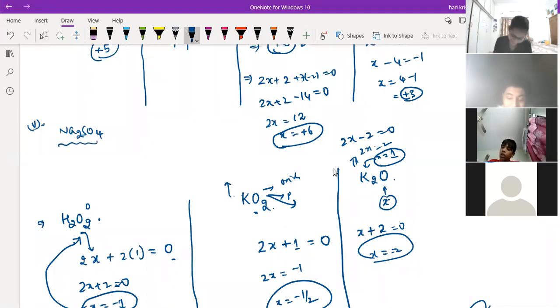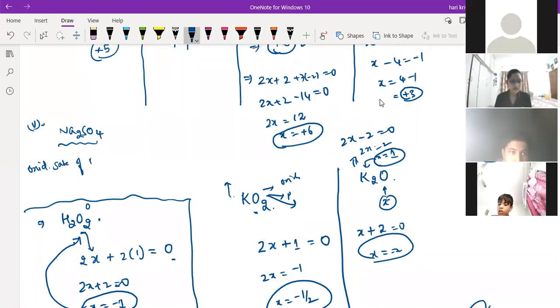Okay, next one. Pranav, what is the answer for Na2S4O4? What is the answer? Is it 0? Sorry, I'm asking the oxidation state of sulfur. Sir, just one second, I think I miscalculated.